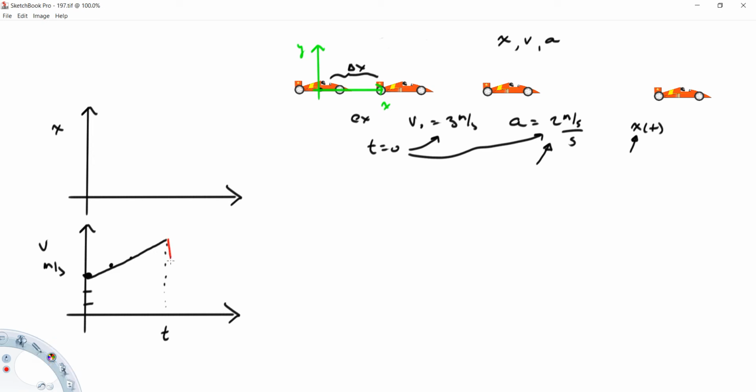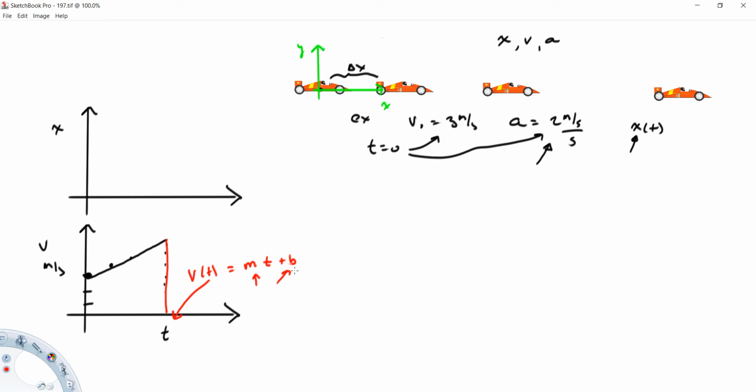This distance on this picture, whoops, let me make it straight, is the velocity that goes with this time. Now, the purpose of this video was really how to derive a position function from a velocity function, so I'm going to shorthand this part. This function here is linear, so mathematically it looks like mt plus b, where m is the slope and b is the y-intercept.